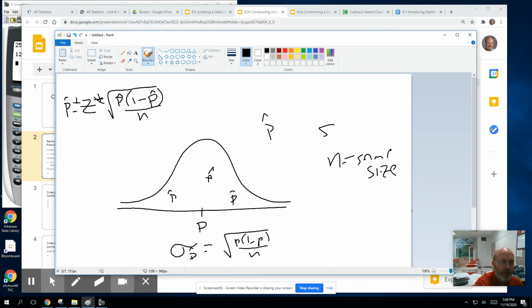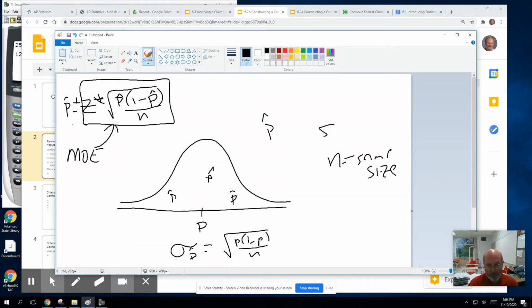We call this part of that formula our margin of error. I'm going to abbreviate margin of error as MOE. And so when you see a political poll reported that says 52% of people support candidate A with a 3% margin of error, what they have done is constructed a confidence interval using a sample proportion.